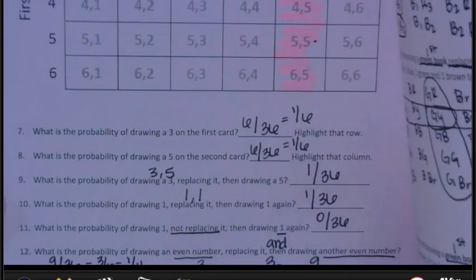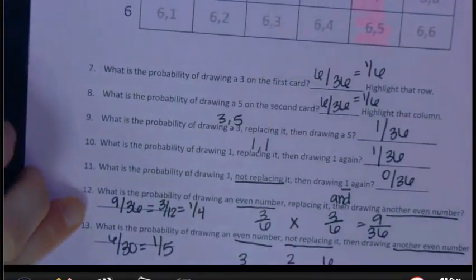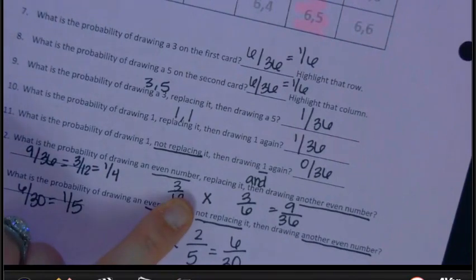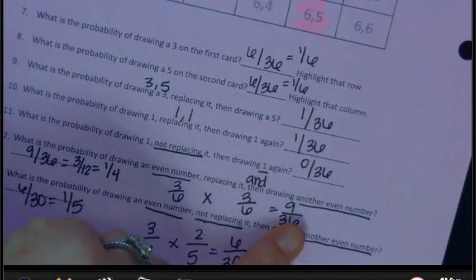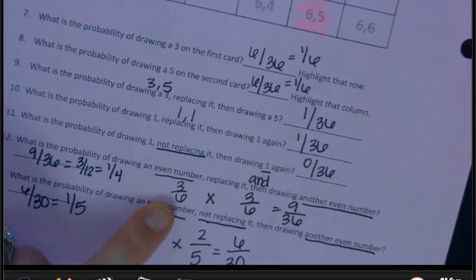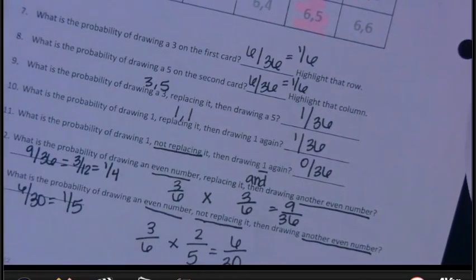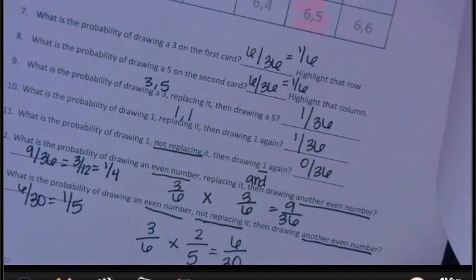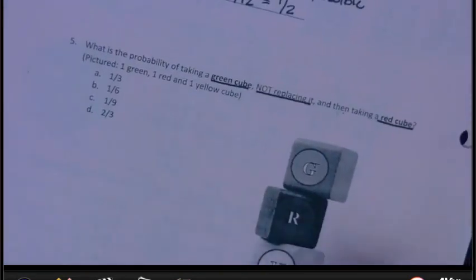Well, we're going to go back to this problem right here, when I said an even number, not replace it, and then drawing another even number. So remember when I had a 3 out of 6 chance to get an even? And then I did not replace it. And then I was like, okay, what about if I get a not even chance? Okay. So that's what we're going to do.